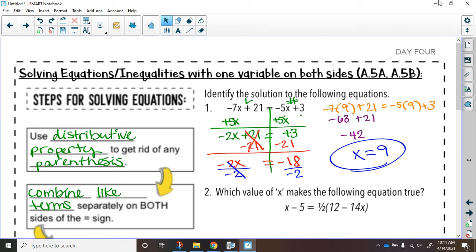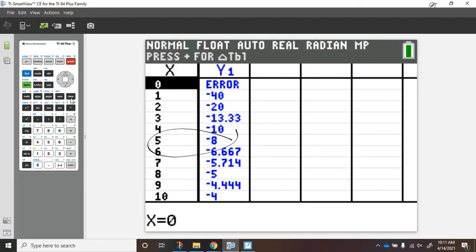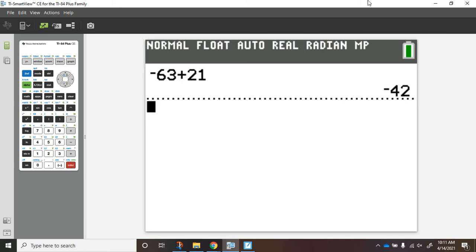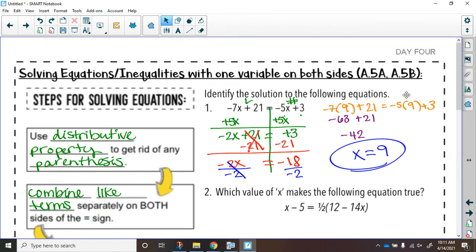I'm going to double check my work just to make sure that number is correct. We had negative 63 plus 21, and it does equal negative 42. So over on the other side, we should get negative 42 as well. Negative 5 times 9 is negative 45, plus 3, which is negative 42. So that is the correct answer.